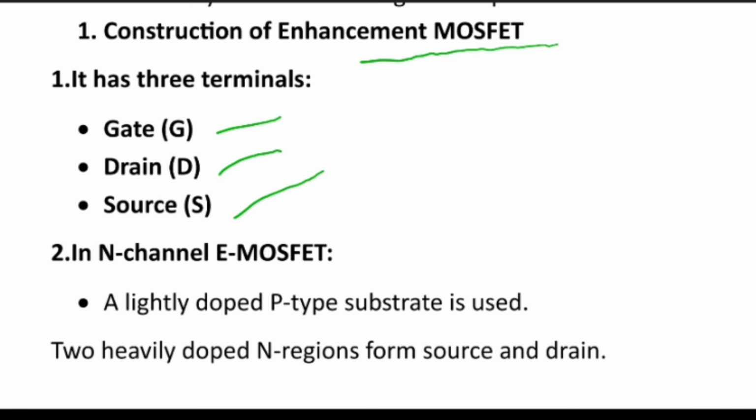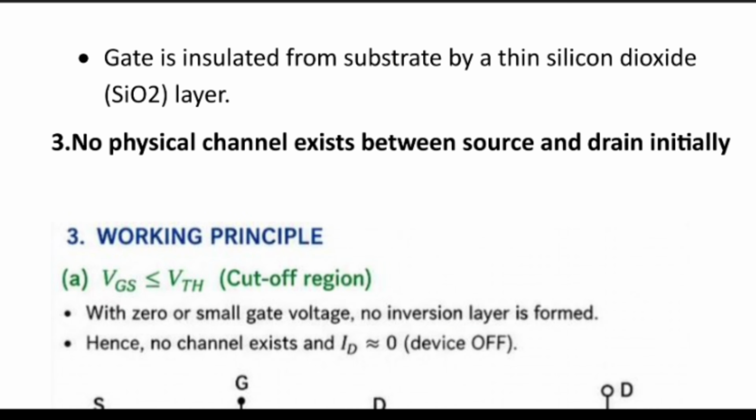An N-channel uses a lightly doped P-type substrate, and two heavily doped N regions form the source and drain, insulated from the substrate by a thin silicon dioxide layer. There is no physical channel between source and drain.